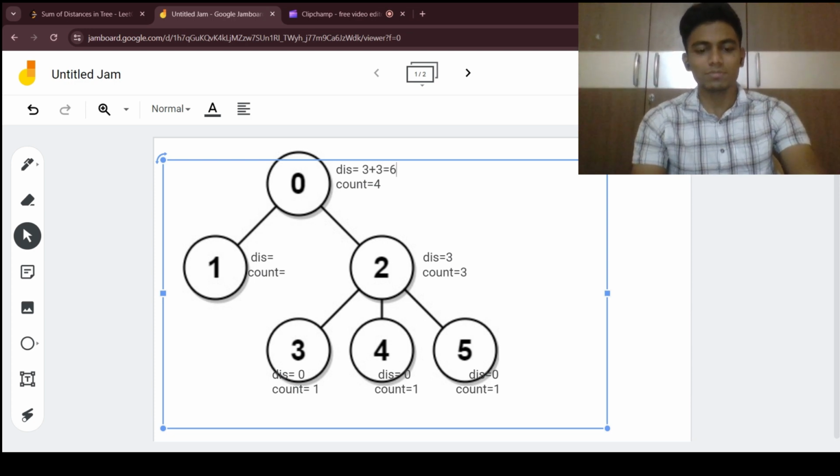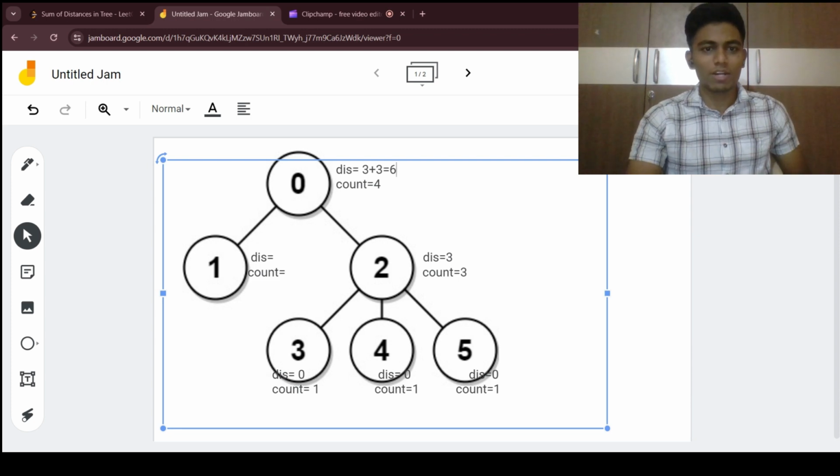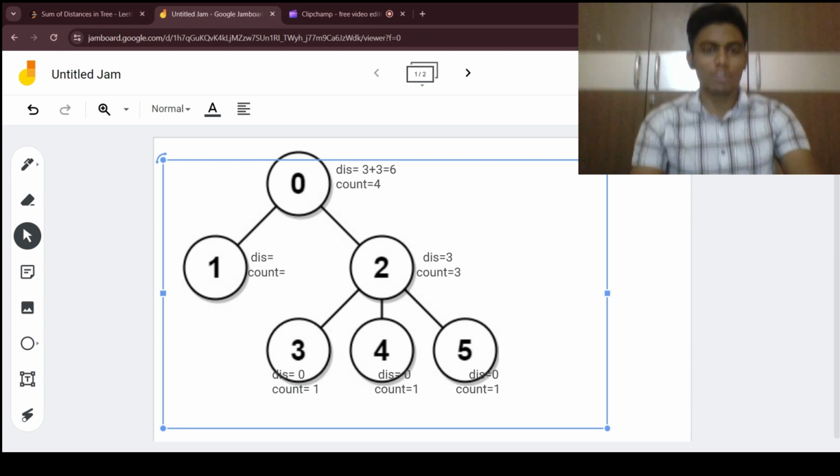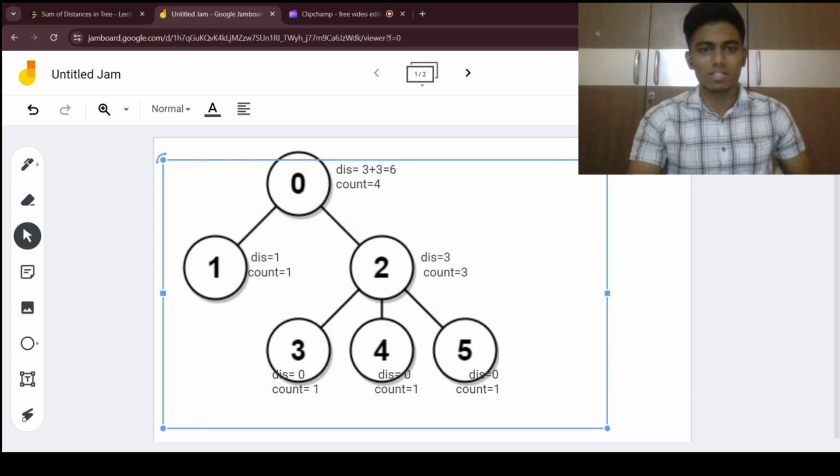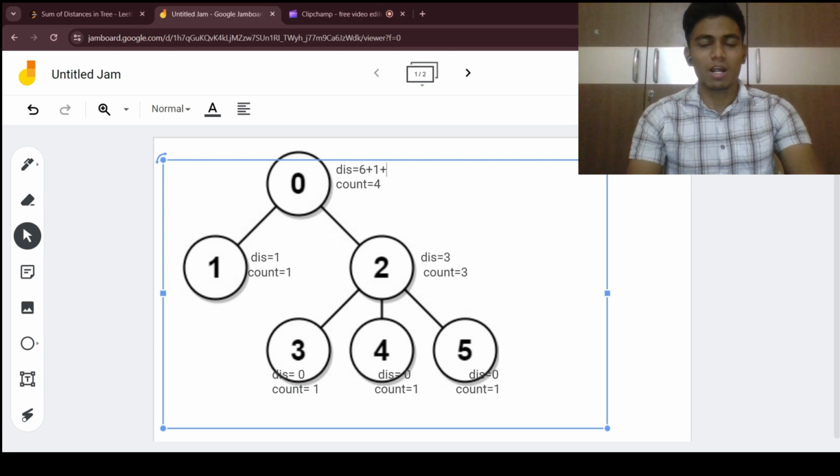And then for this it is going to be 1, and the distance is going to be 1 again, and then again we are going to increase this answer: 6 plus distance 1, and then count 1, which is equal to 8, and then the count will be increased to 5 here.